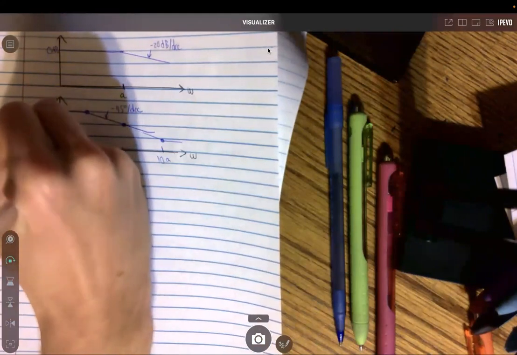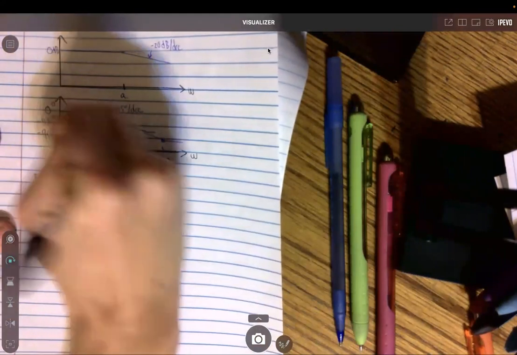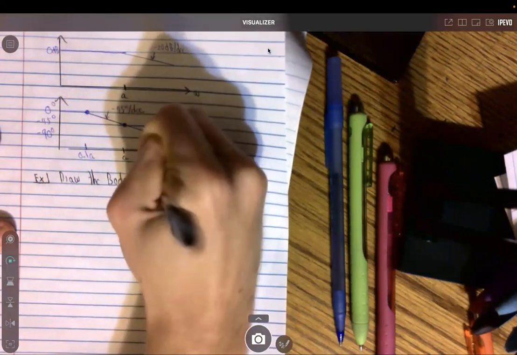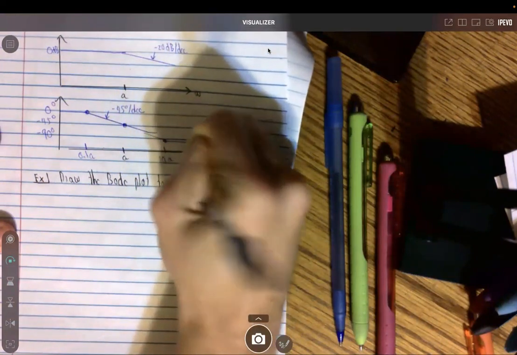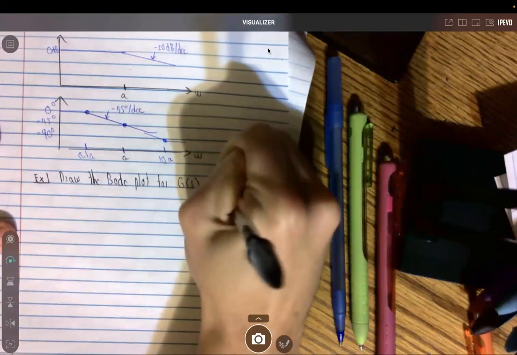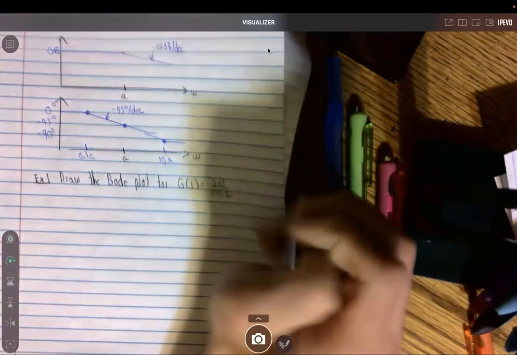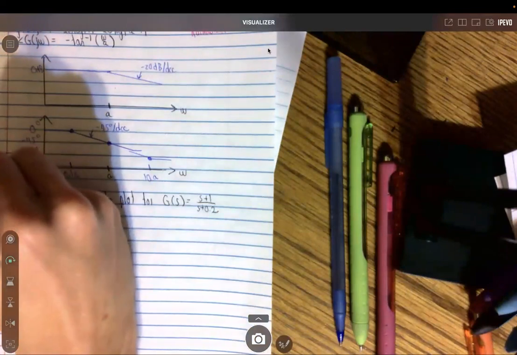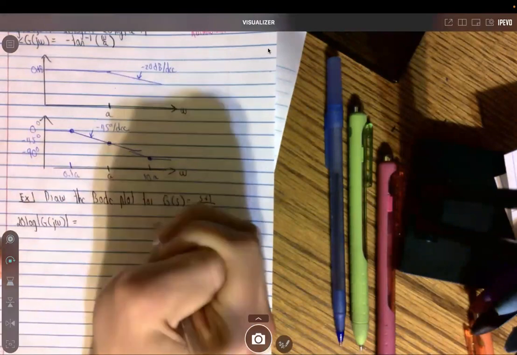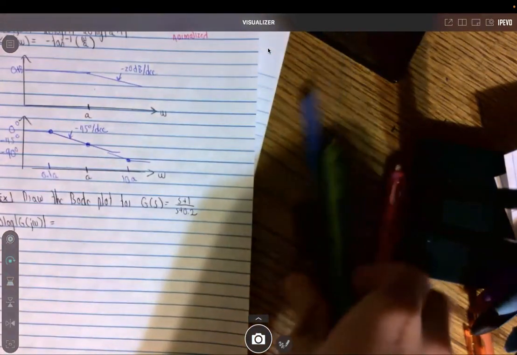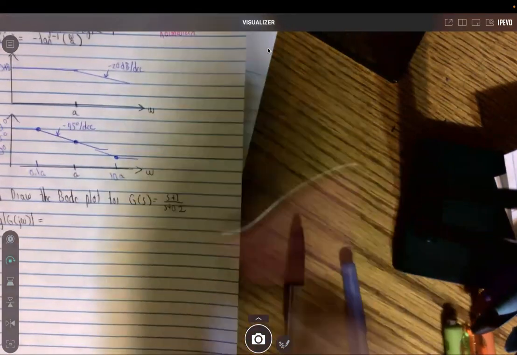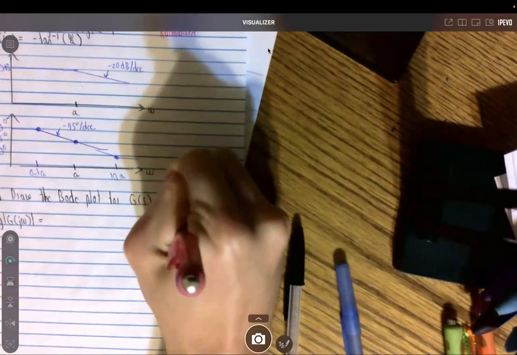So for this example, it says draw the Bode plot for G of S is equal to S plus 1 all over S plus 0.2. So for the magnitude, which is 20 log of G of j omega, what we need to do first is normalize this denominator so we get an S plus 1.